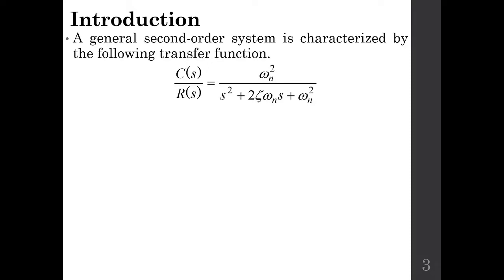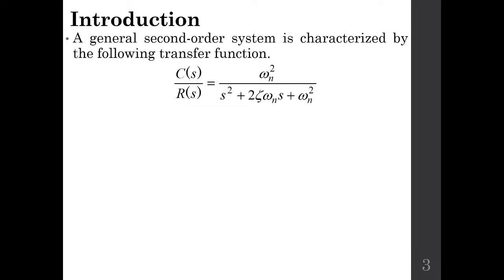The transfer function is C(s)/R(s) = omega_n^2 / (s^2 + 2 zeta omega_n s + omega_n^2). This is the transfer function of a second order system.